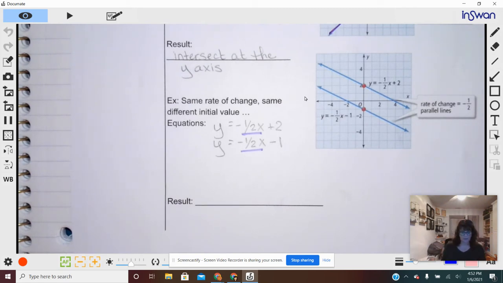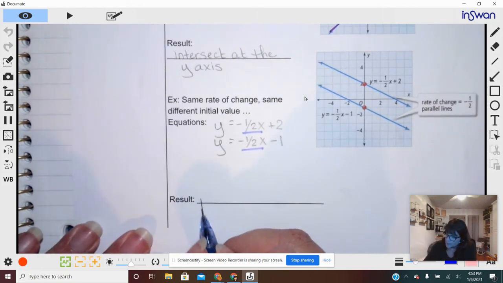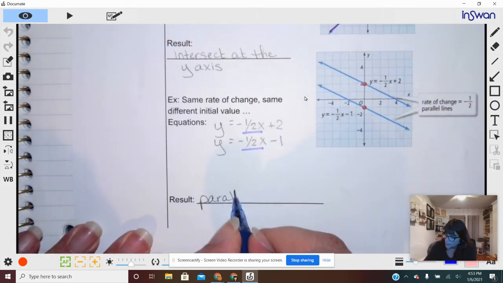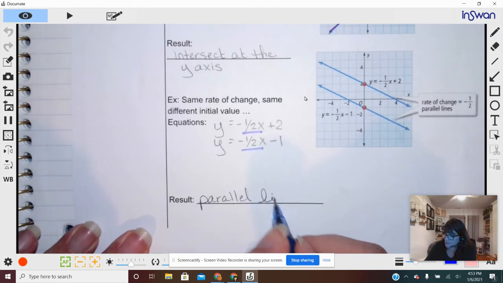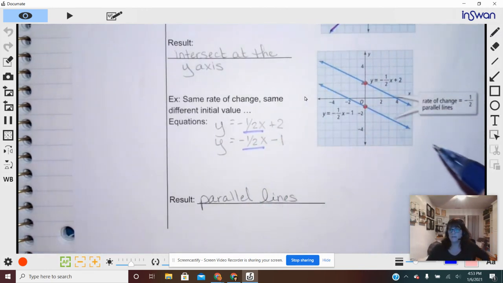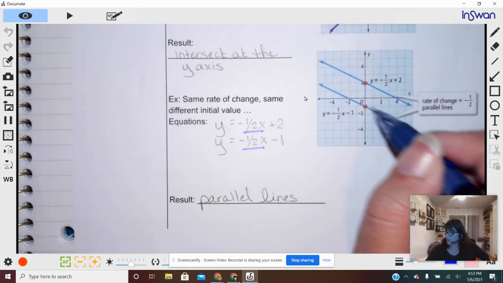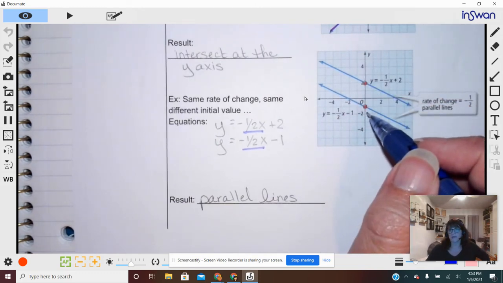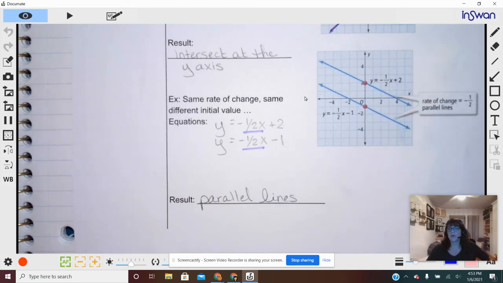Different initial values. Your result there, parallel lines. They're running side by side. They're doing the exact same thing, but they started in different spots. So they're going to be parallel.